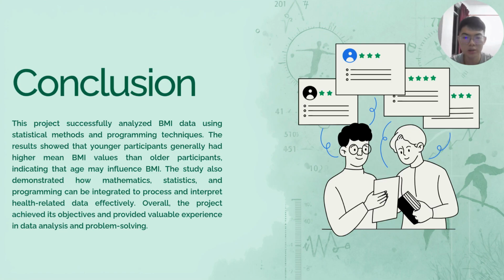In conclusion, this project successfully applied statistical analysis and programming techniques to investigate the relationship between age and BMI. The findings indicate that age has an observable influence on BMI, as younger participants recorded higher average BMI values than older participants.